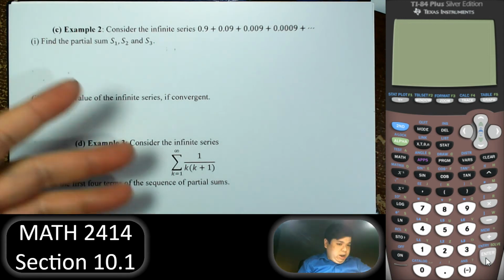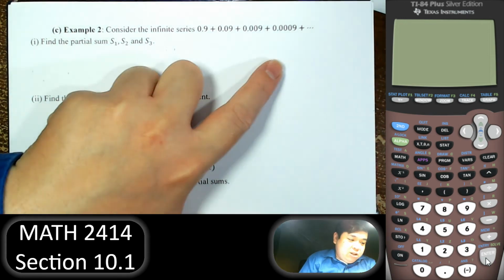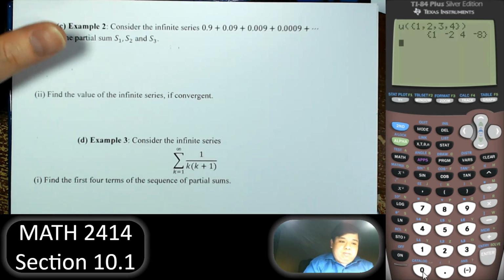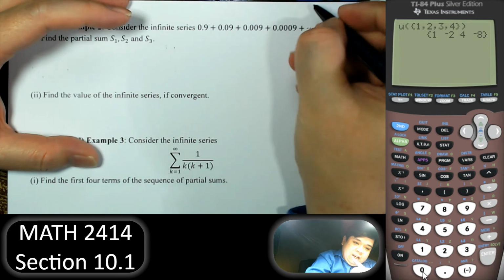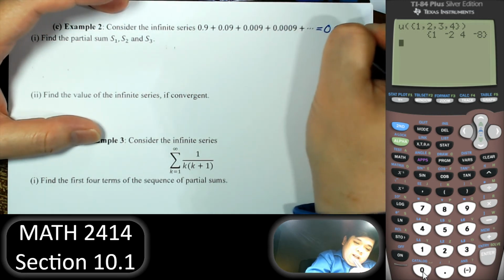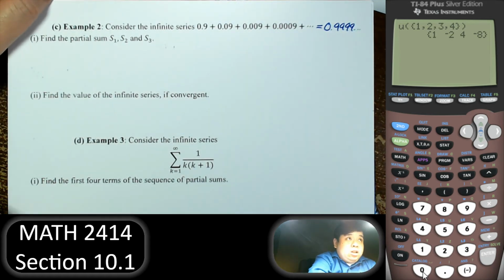Next, we have this series, 0.9 plus 0.09 and so on. If we write that out, it's 0.9999, and essentially it goes to 1 as well.